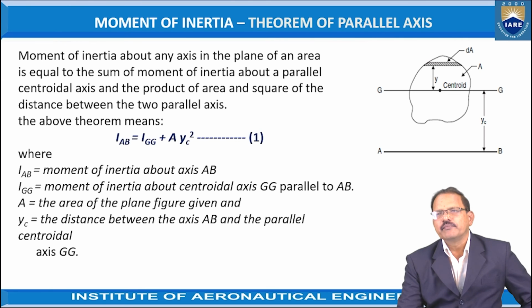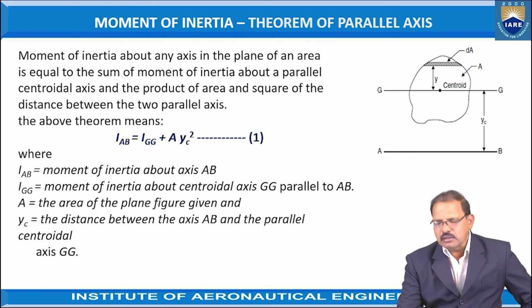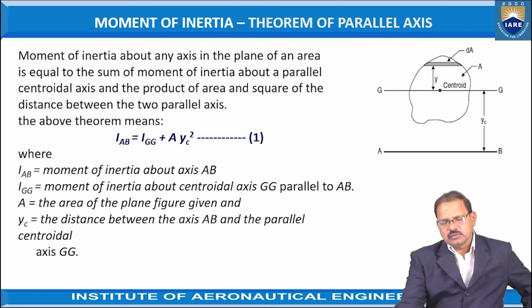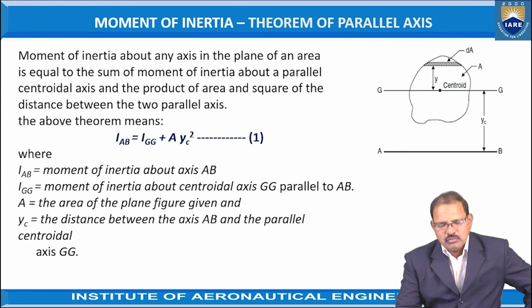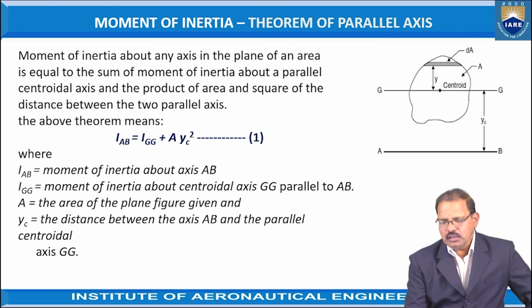IAB represents the moment of inertia about the line AB, IGG represents the moment of inertia of the plane area about the central axis, A represents its area, and yc represents the distance between these two parallel lines. This method is applicable particularly for the rectangle.